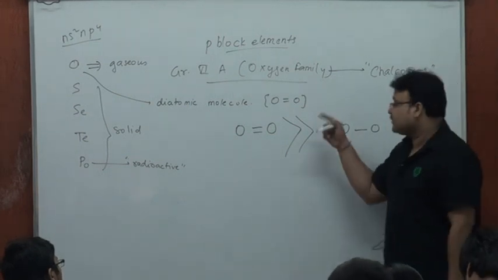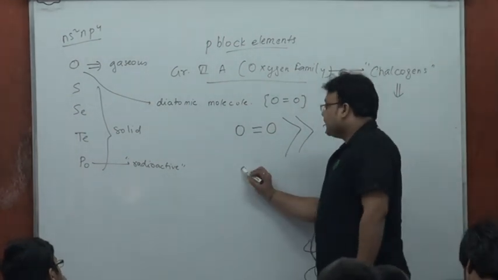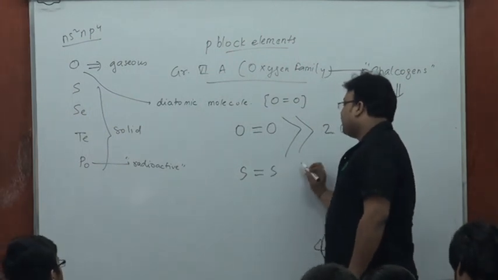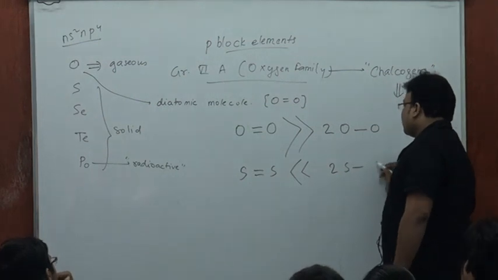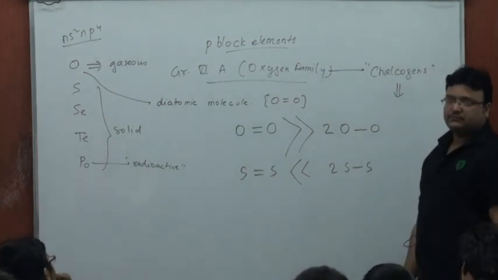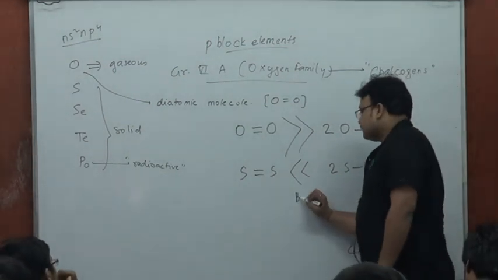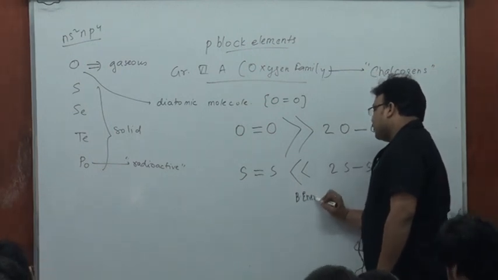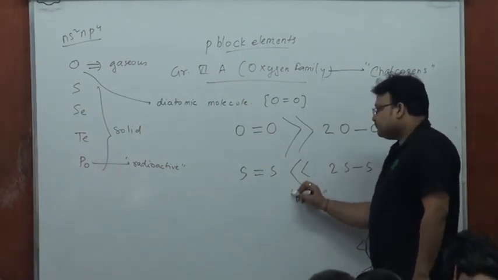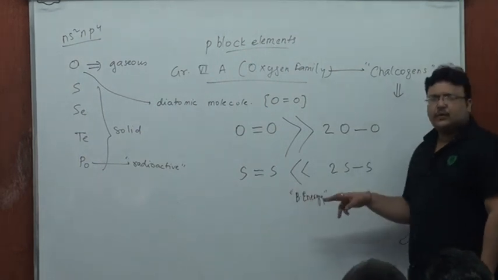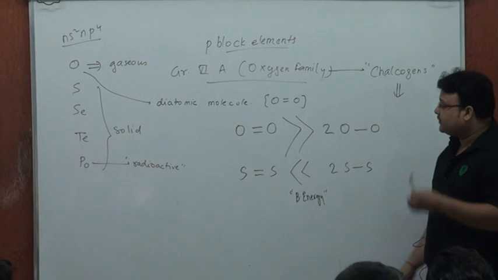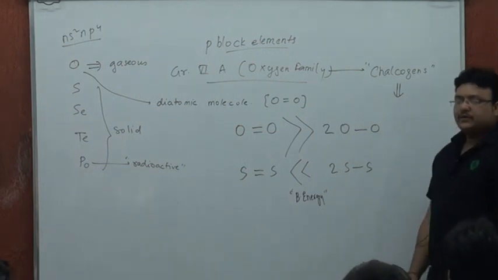Whereas for sulfur, the S double bond S bond energy is found to be considerably smaller than twice the sulfur single bond energy. So repeat, the answer lies in the values of bond energy.